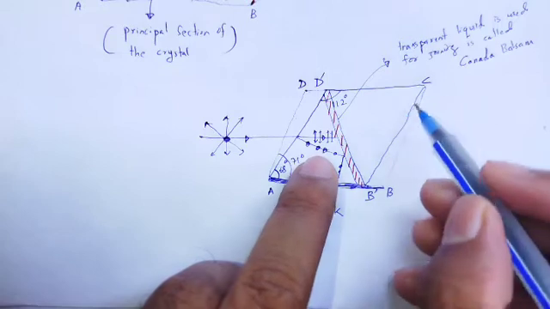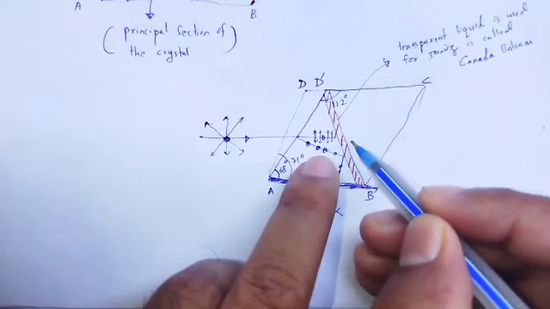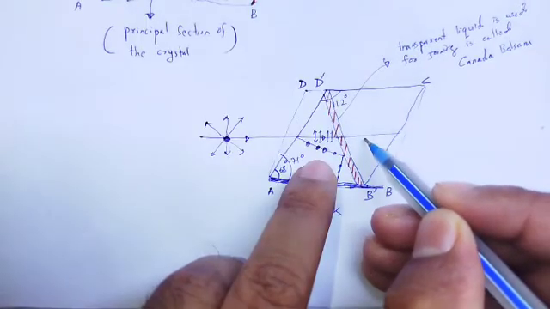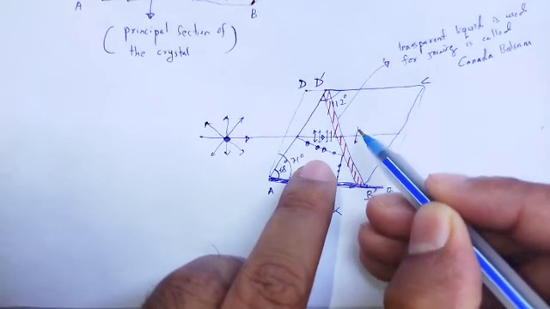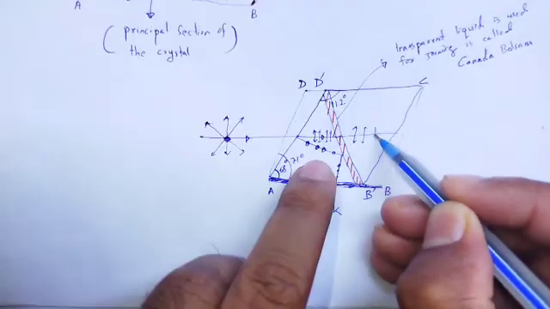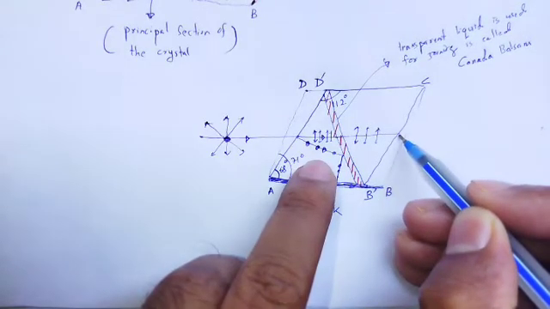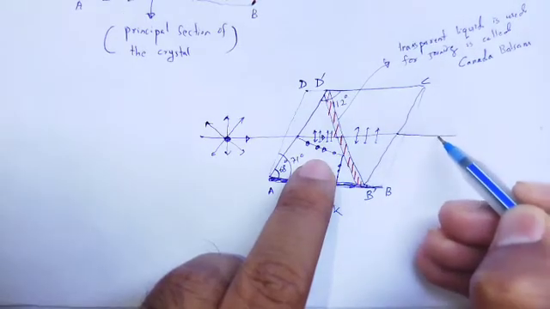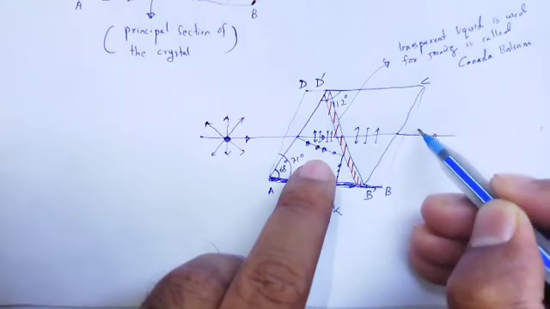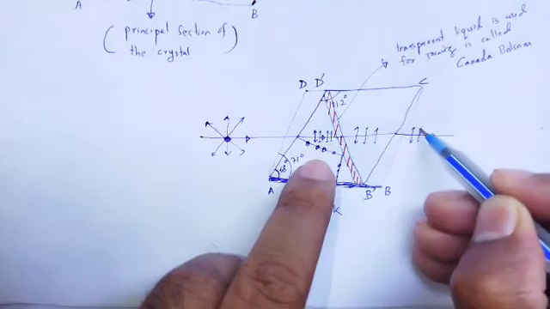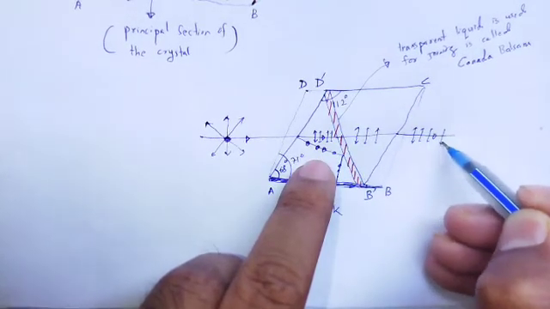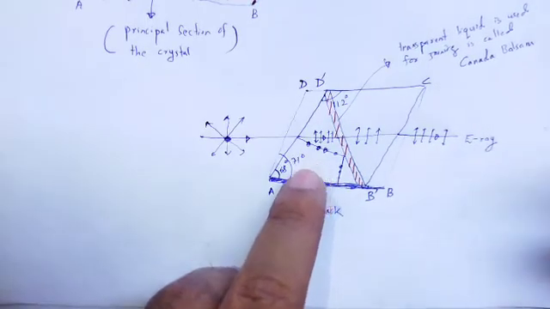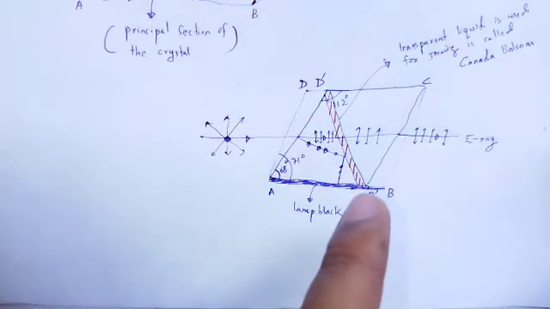So the E ray passes through the Canada balsam and is slightly refracted, and finally at the output we achieve the E ray, which is plane polarized.